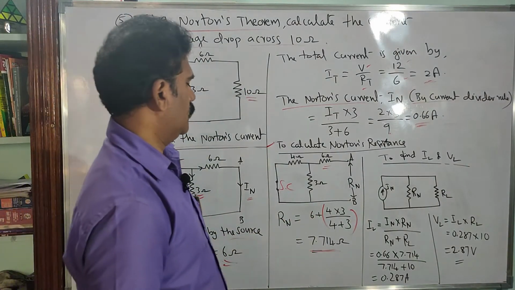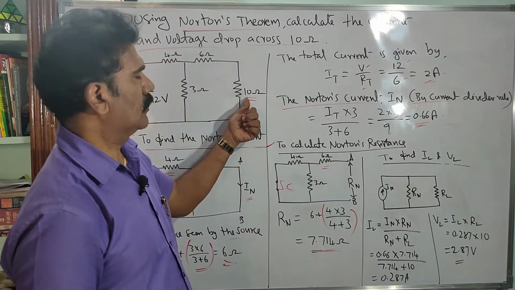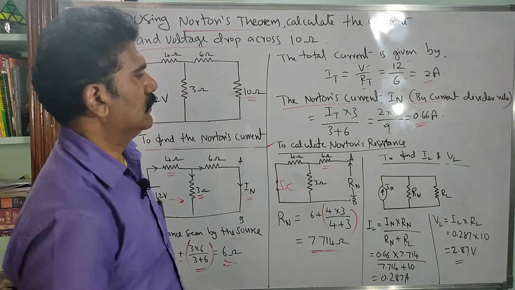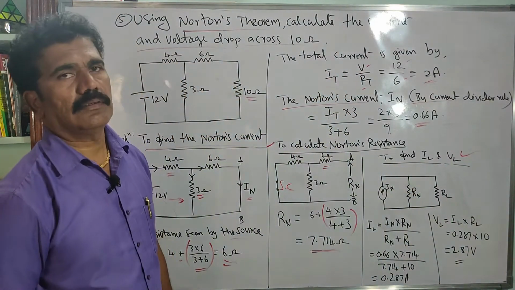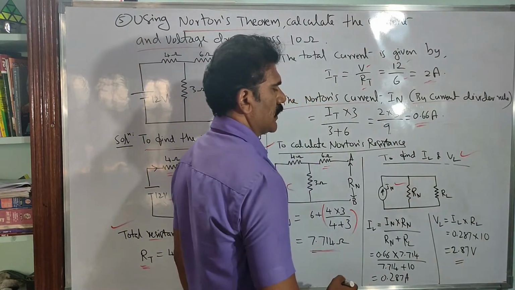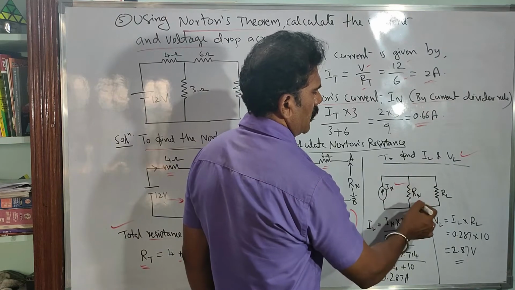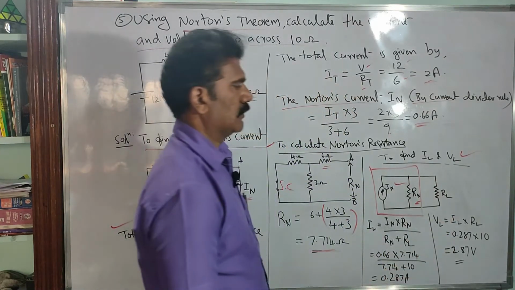Now to find the current through the load, that is the 10 ohm, and the voltage across it, to find IL and VL, design the Nortonized circuit consisting of a single constant current source IN in parallel with the Norton's resistance. This part is called the Nortonized part of the circuit.